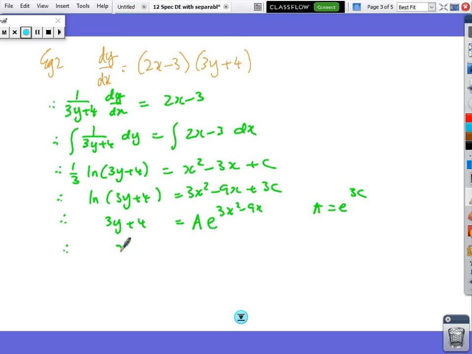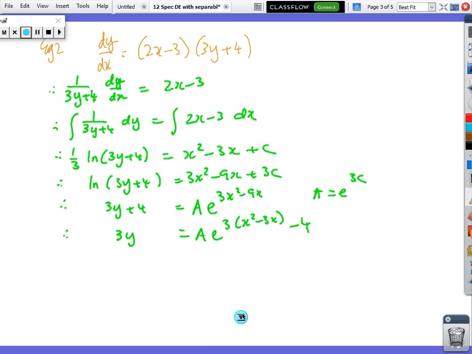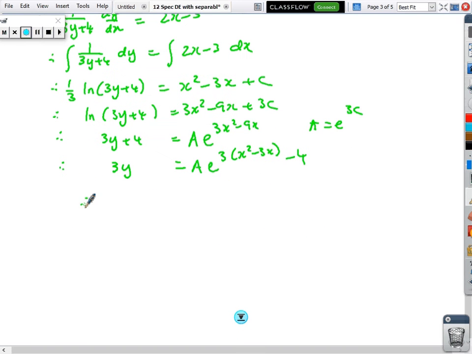So 3y equals a e to the 3x squared minus 9x, minus 4, and y equals some new constant b times e to the 3x squared minus 9x, minus 4 over 3, where b equals e to the 3c over 3.